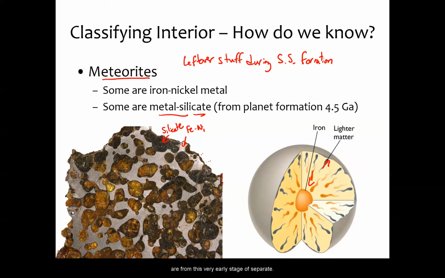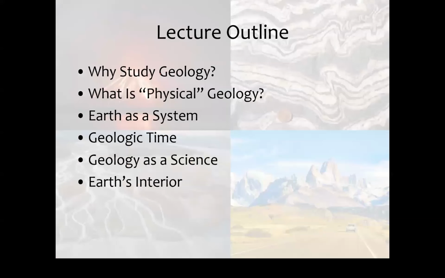So some planetesimal somewhere was starting to differentiate into different pieces that were just starting to rise and fall, like you see in this diagram over here. And then it got blasted apart because it got hit with an asteroid that was too big. Using these meteorites, we can learn something about what the likely interior of Earth and other planets in the solar system are made of. So that covers our very short introduction to geology.